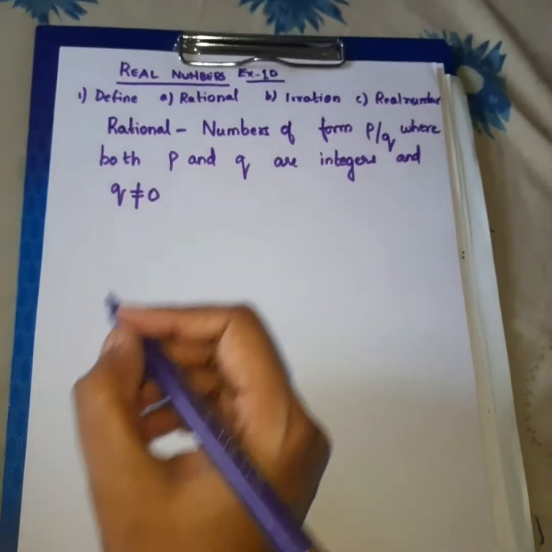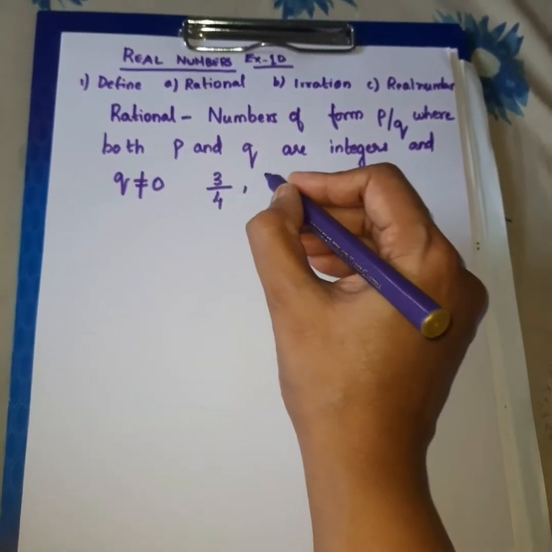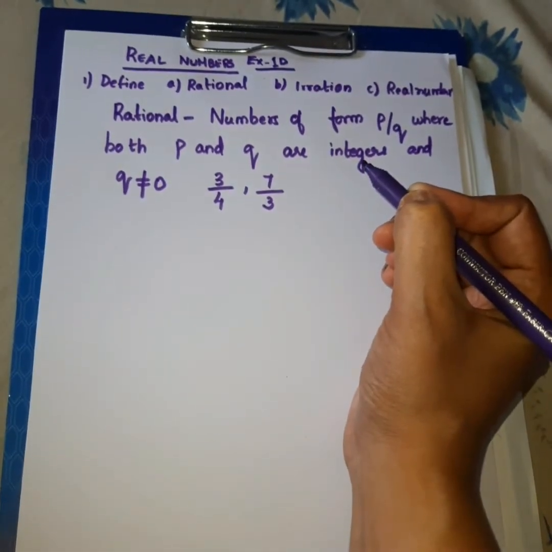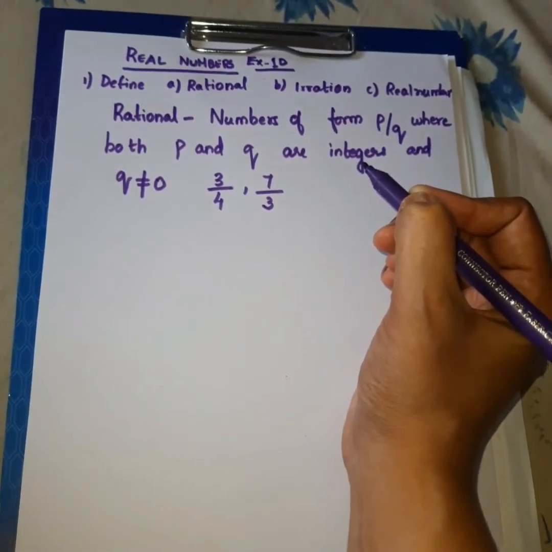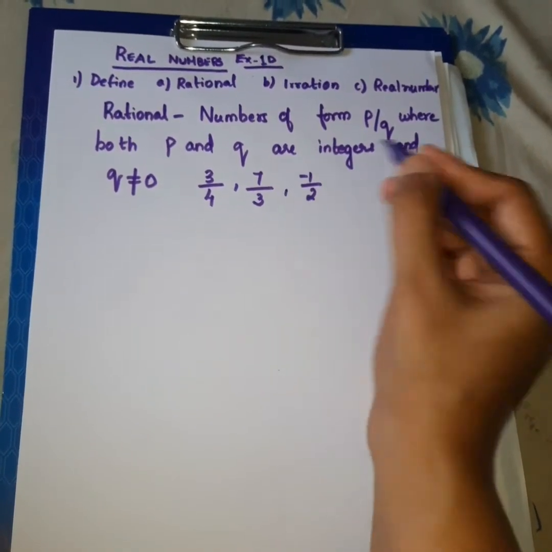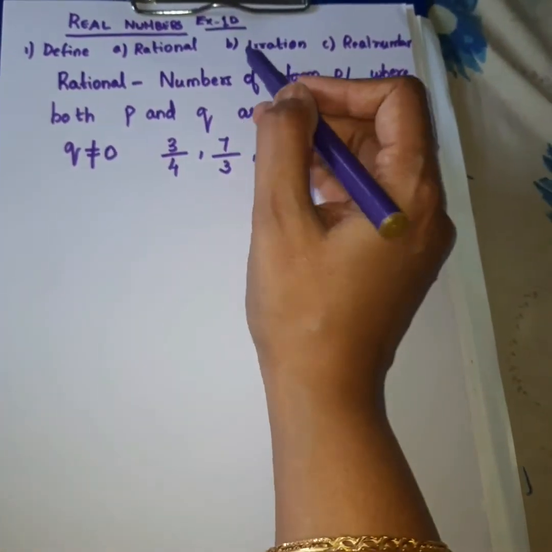Next, we have to see irrational numbers. We can see some examples for rational. Anything of fractional form, numerator by denominator, and the denominator is not equal to 0, then they are rational numbers, even negative, because it's mentioned as integers.